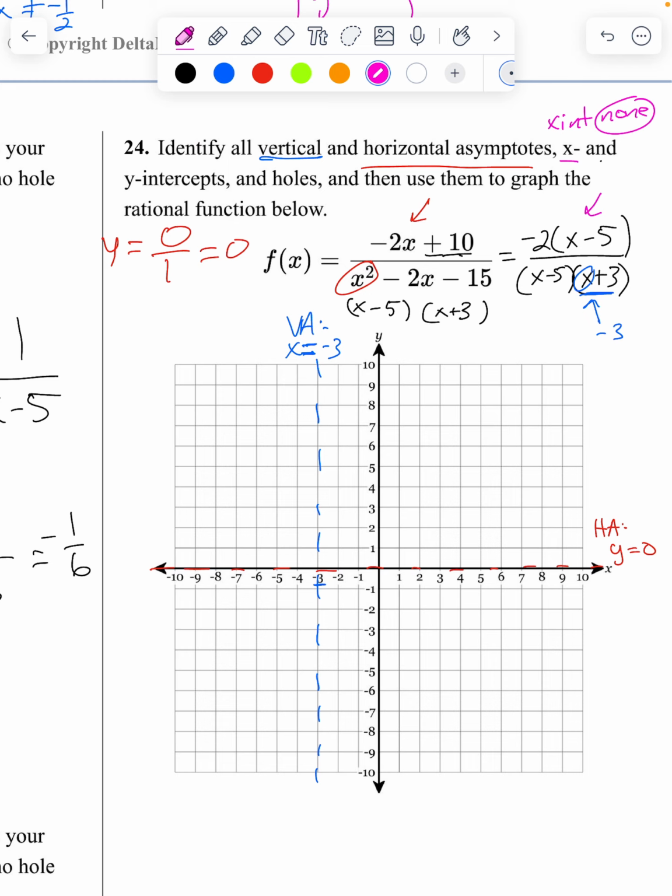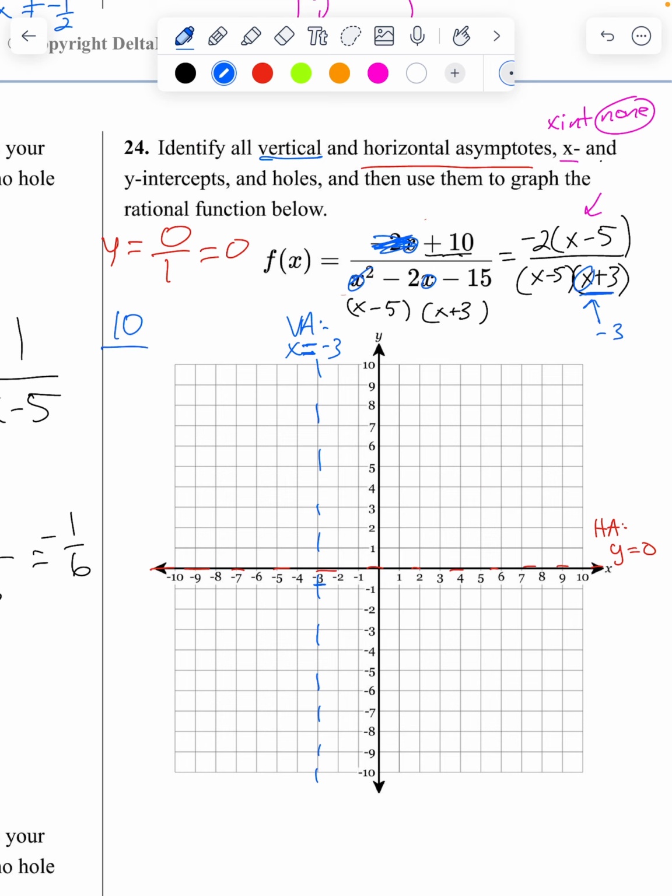Now y-intercept, that's when I plug in 0 for x. It doesn't matter which version I do it in, so I'm going to do it in the original. Everywhere I see an x, I put a 0. So negative 2 times 0 would be 0, so there'll just be 10 on top.